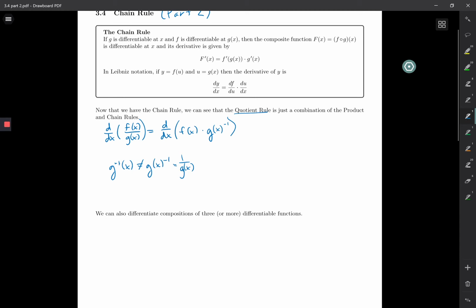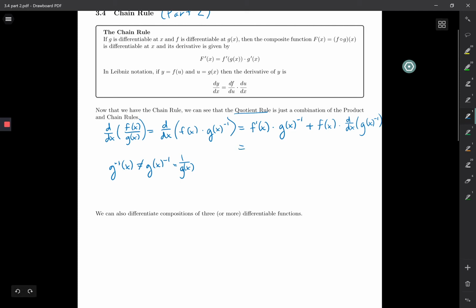Once I do this, I can use the product rule because I have a product of two functions, and I would get the derivative of f times g to the minus 1, plus f times the derivative of g to the minus 1. I'm going to leave that like this because this is the part where we have to use the chain rule, because our outside function is x to the minus 1 and our inside function is g.